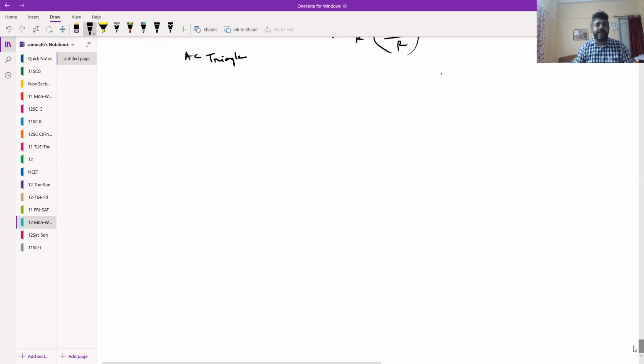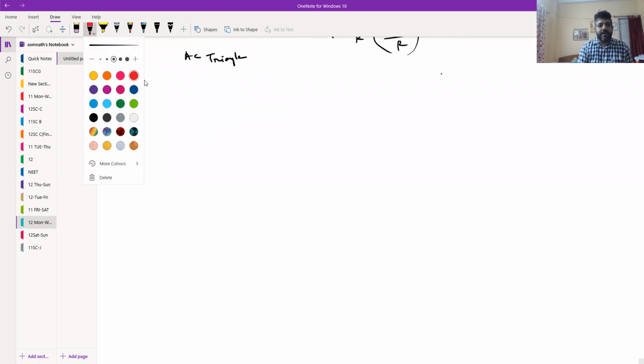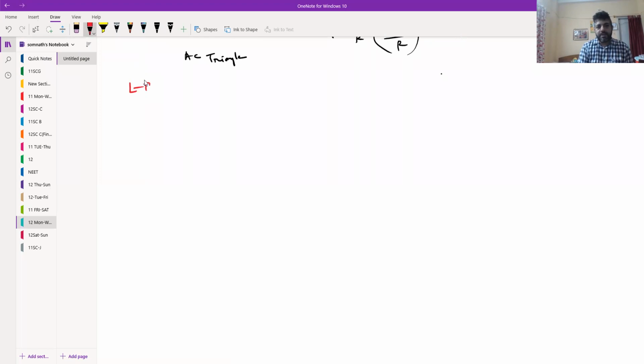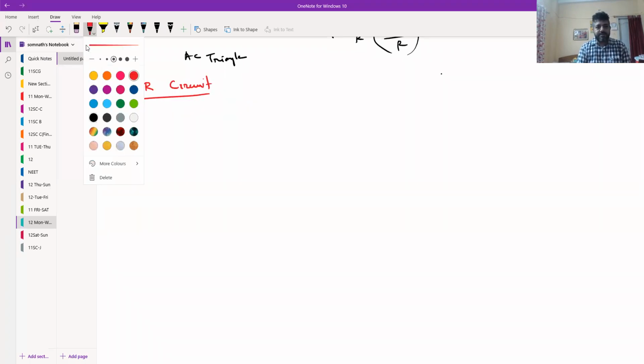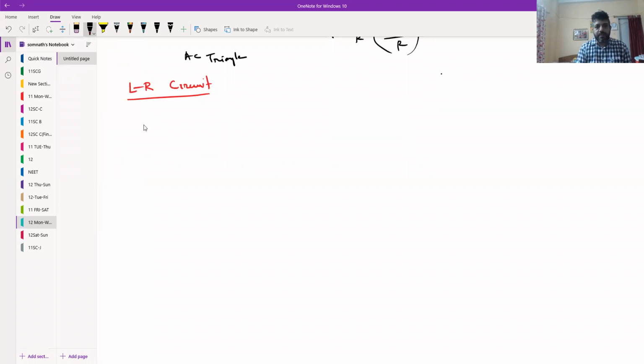So my first heading is the LR circuit. In this LR circuit, what exactly happens?